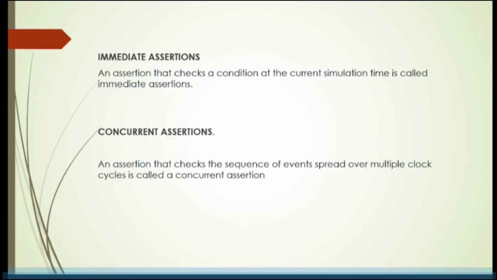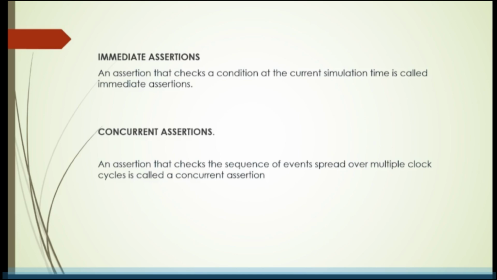From the name itself, you can say that if the condition in an assertion is checked at the current simulation time, at that particular time itself, then that is called an immediate assertion. Basically, an immediate assertion is very similar to if-else conditions. An if-else block is executed in the active region itself.